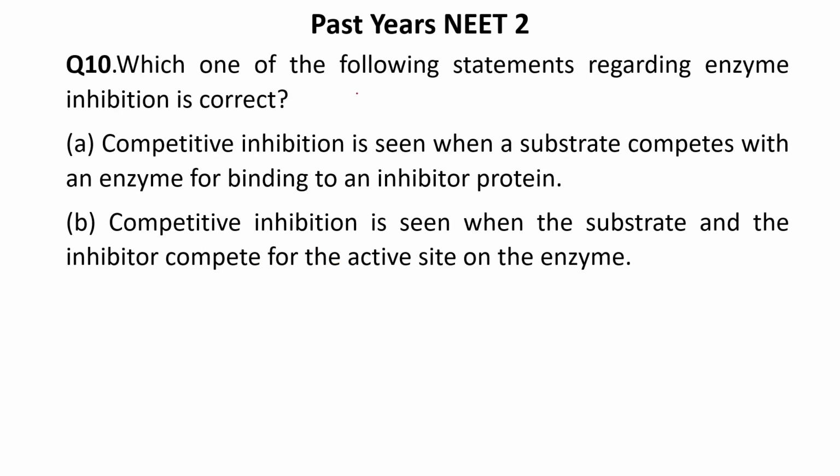Next question. Which of the following statements regarding enzyme inhibition is correct? Now you can see many questions have been asked on the inhibition of the enzyme. So read about this from the NCERT, and whatever statements are given here, the questions will come from those only. Okay. So understand it and read this particular statement and try to find the correct answer.